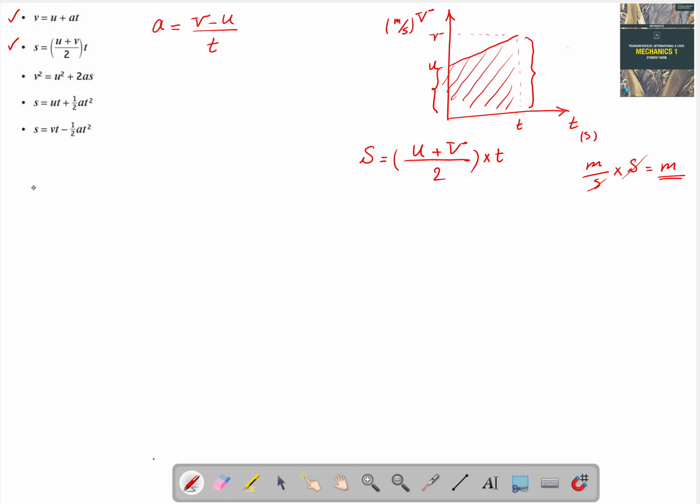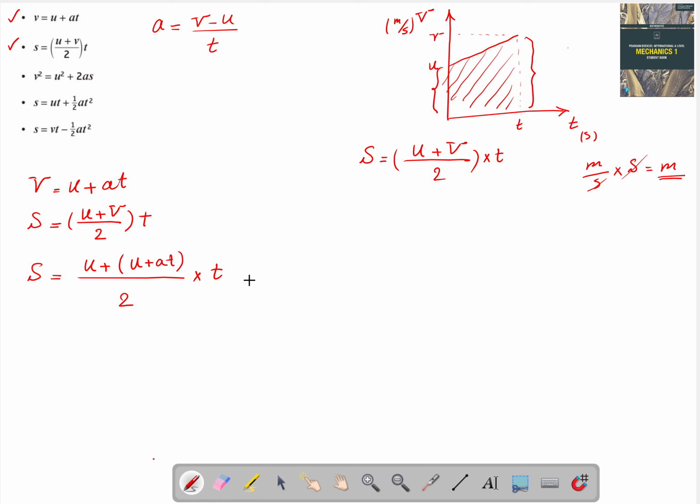Okay, so I write the first formula v equals u plus at, and the second formula, which is displacement, is u plus v divided by 2 multiplied by t, that we prove now. Okay, now in the second formula, instead of v, I'm going to write u plus at, divided by 2 multiplied by time.